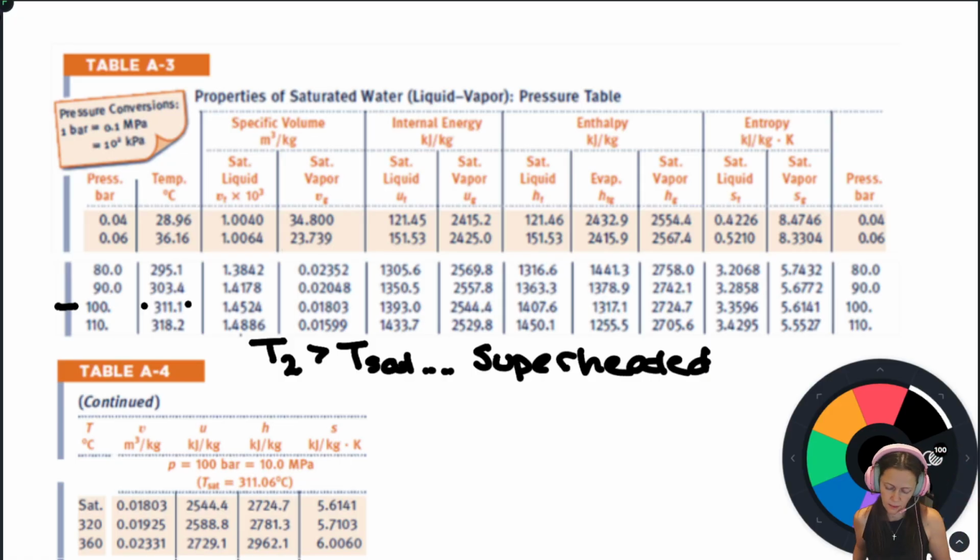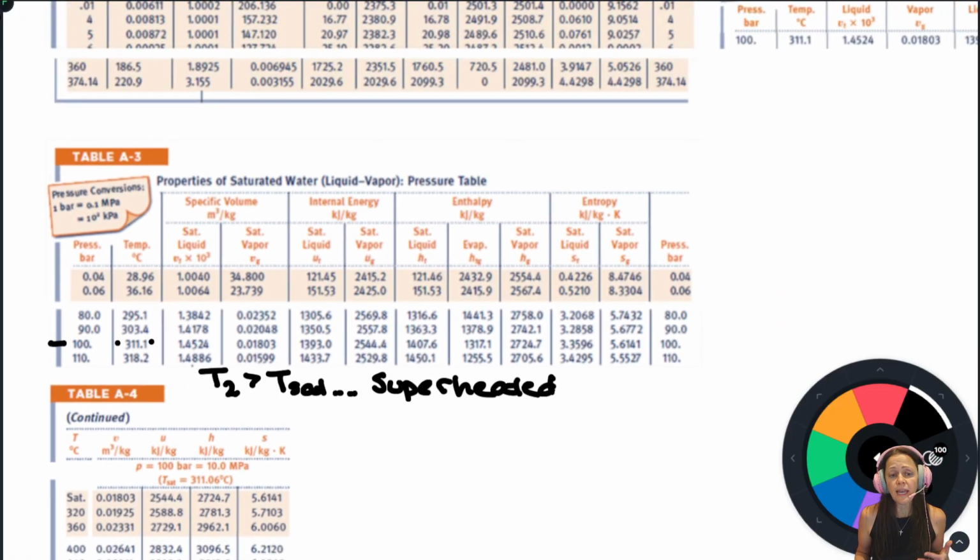Now, if both the critical temperature and the critical pressure were exceeded, then it would be classified as what's called a supercritical fluid. All those properties are still available in your superheated tables. A supercritical fluid is not really a vapor and not really a liquid.